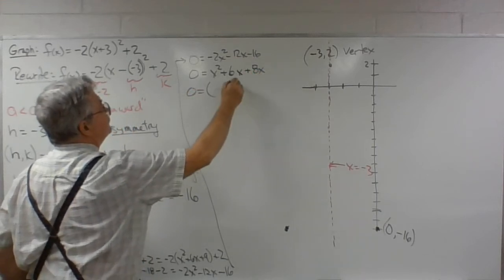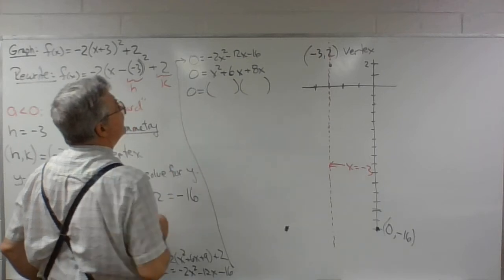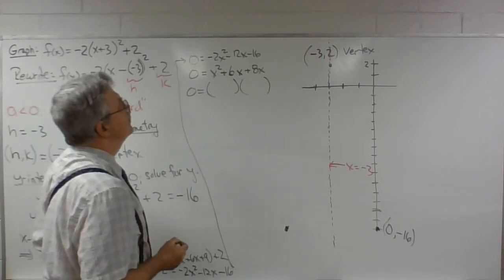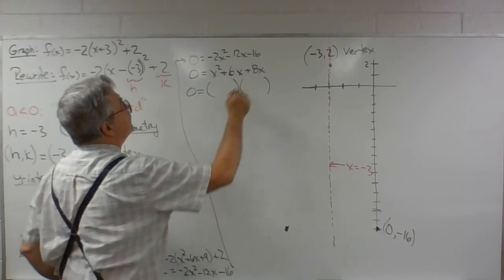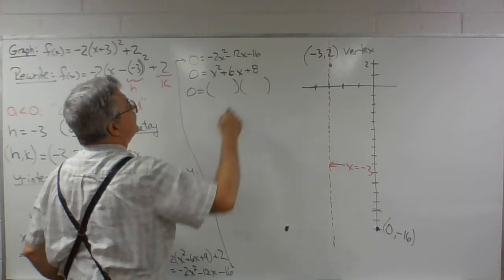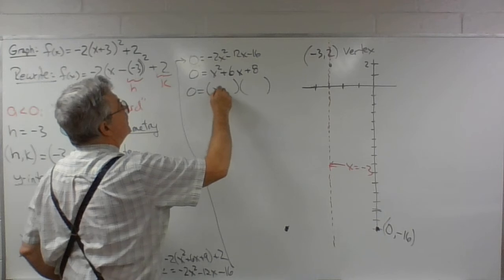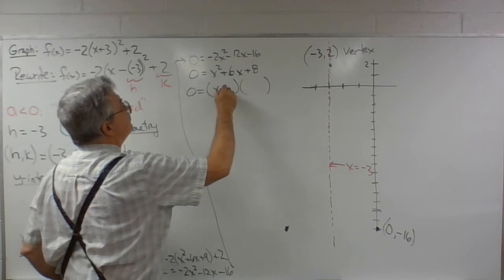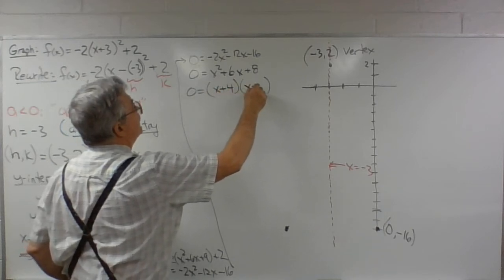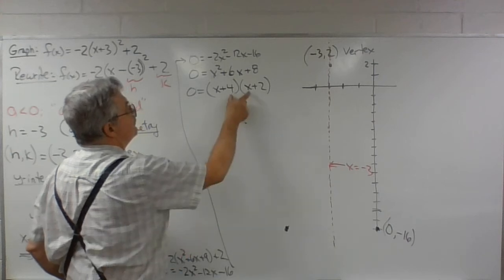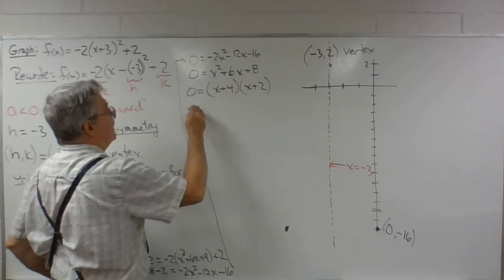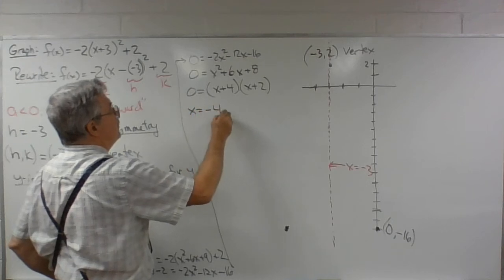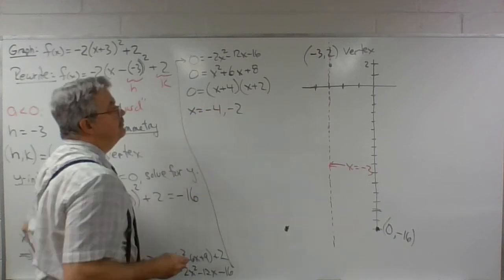0 equals, I can't believe this is going to work. (x plus 4)(x plus 2), 4x, 2x is 6x, holy moly, that works. x equals negative 4 and negative 2.